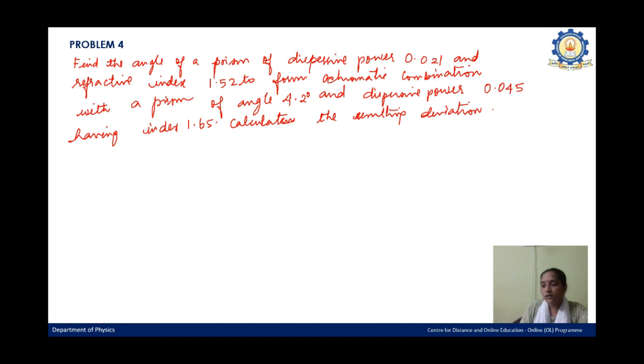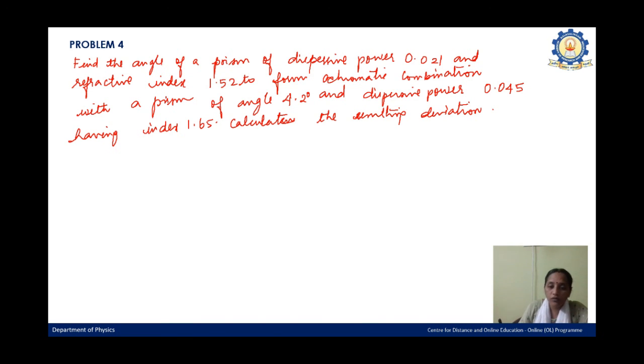Okay, so this is the problem. We have to calculate the resulting deviation. So it will be the difference between the deviation of the yellow rays, which is the mean ray. Now let us find out the solution. Since an achromatic combination is given, we are in a position to write the condition for achromatic combination.